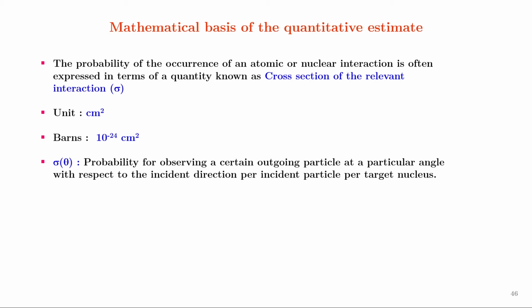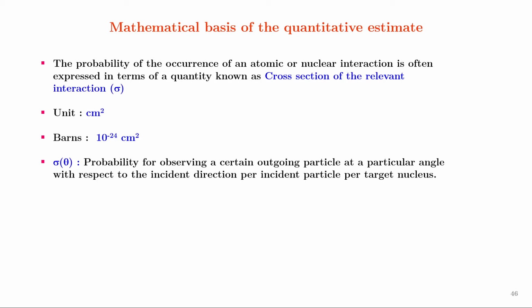The relevant cross-section useful in the nuclear analytical techniques is the probability for observing a certain outgoing particle at a particular angle with respect to the incident direction per incident particle per target nucleus. Consequently, sigma is a function of the angle of observation theta.